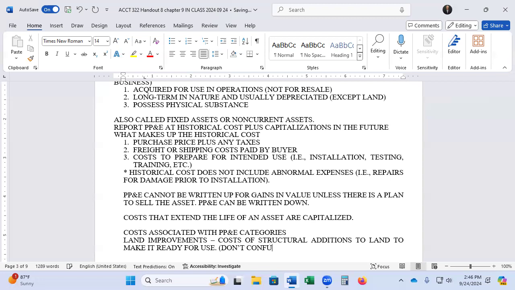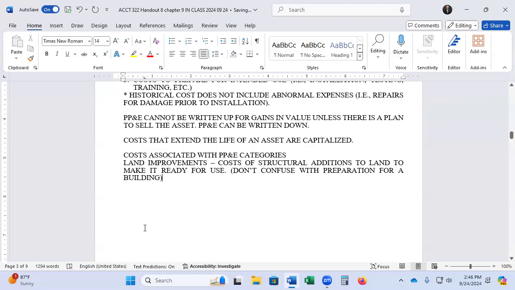Don't confuse this with preparation for a building. If you are preparing the land for a building, that cost will go into the building. But if you are just planning improvements, parking lots, fences, etc., then that gets categorized as land improvements.